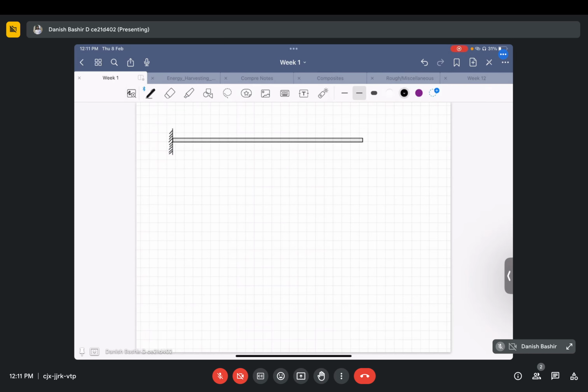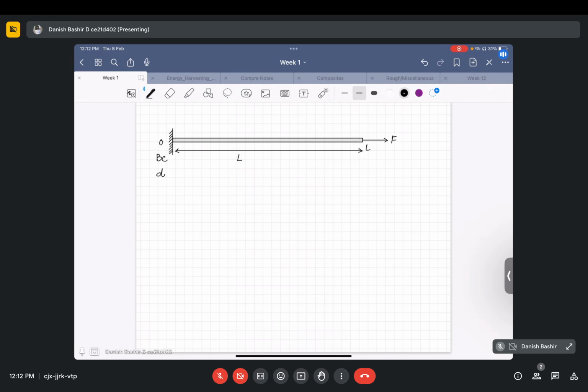Okay, so for example, if the bar is being acted upon by some constant force F, like here, and it has a boundary condition like this here, and its length is L. If you do some mechanics over it, you will find the governing differential equation.